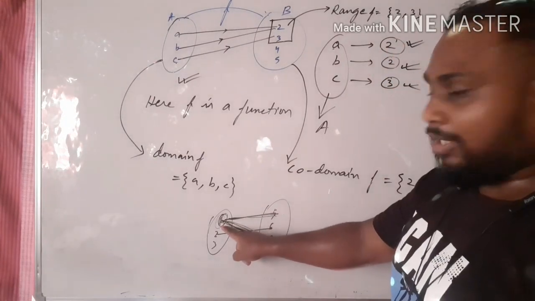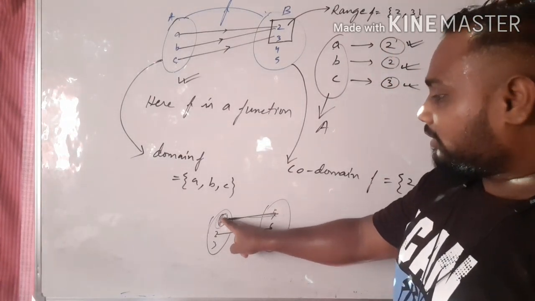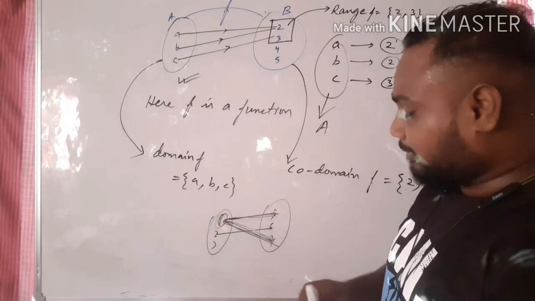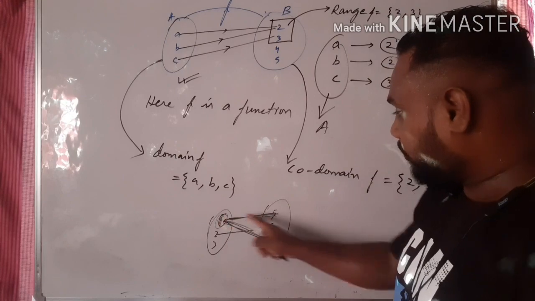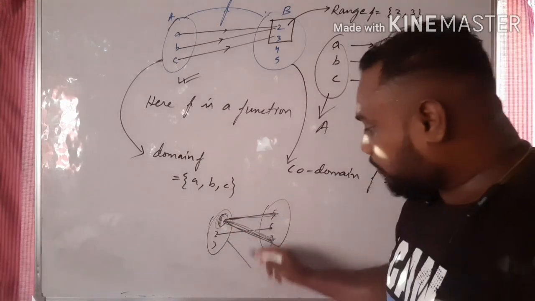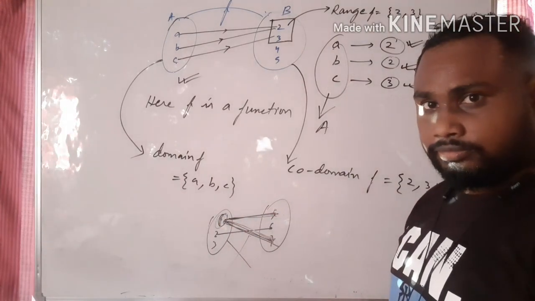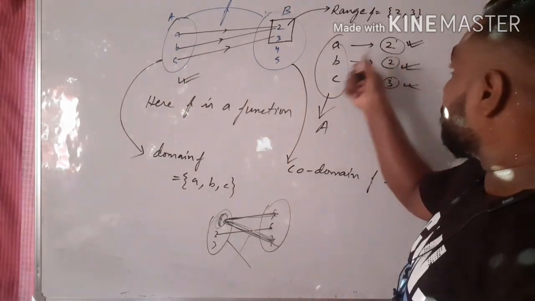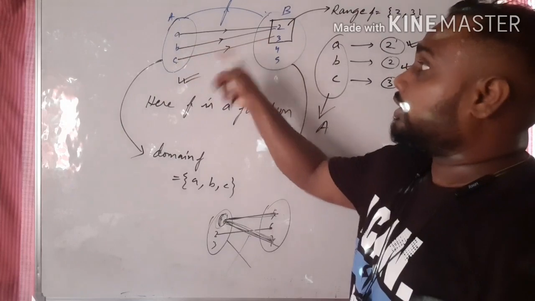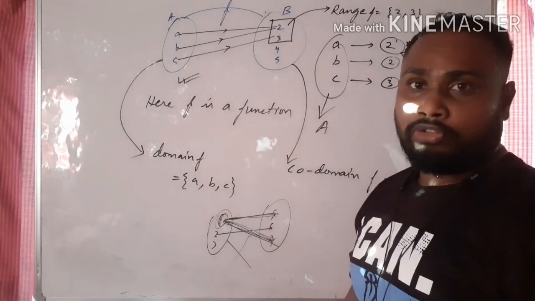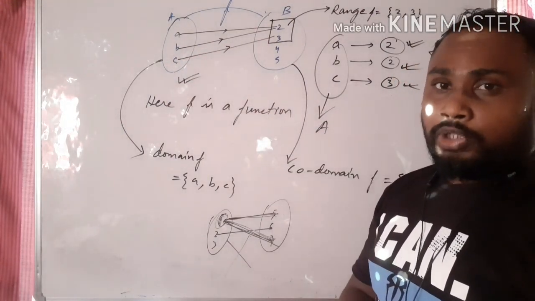Here see, if I am considering this example, this element 1 is going to two elements, one going to 5, one going to 7. This is not possible in a function. It must go to a single element only, and all the elements must be related. No elements will be left out for a function. So hope you have understood this.